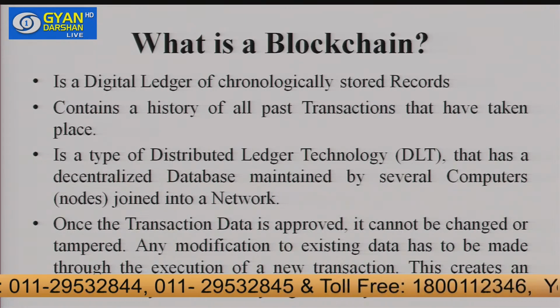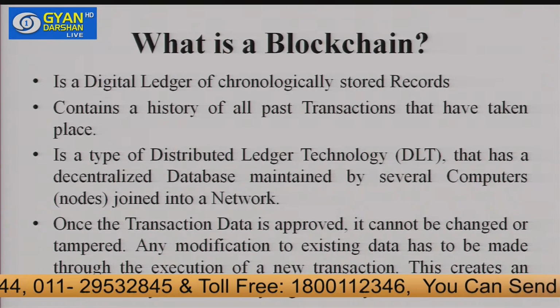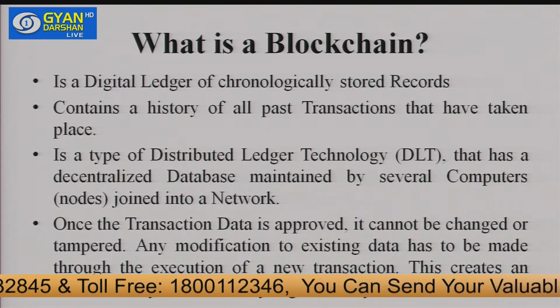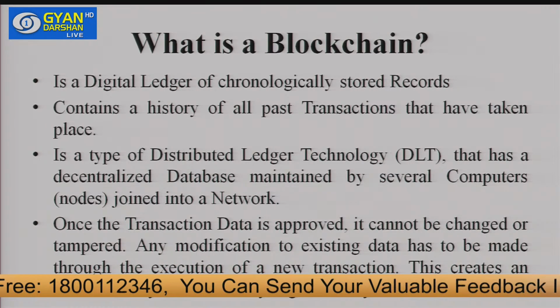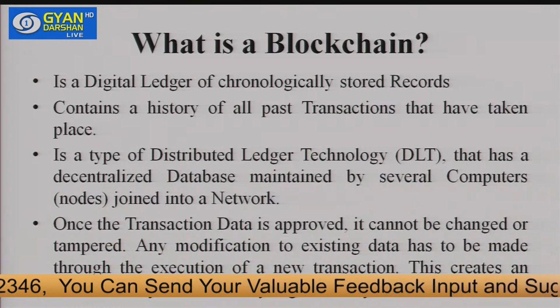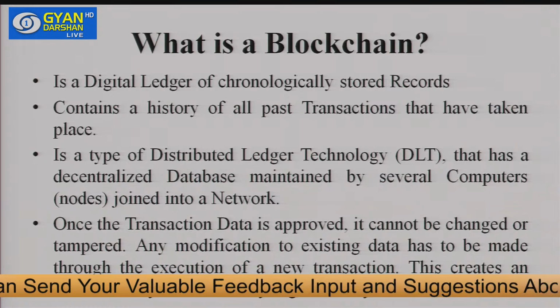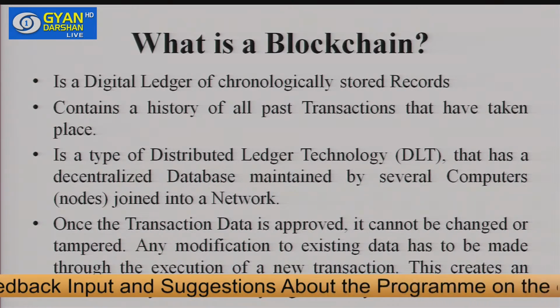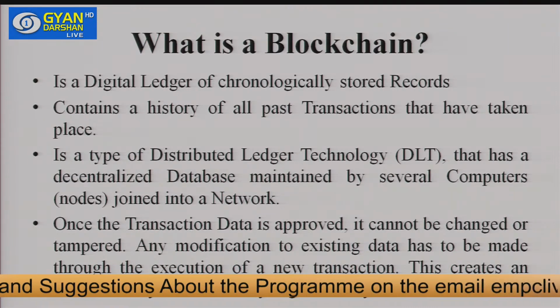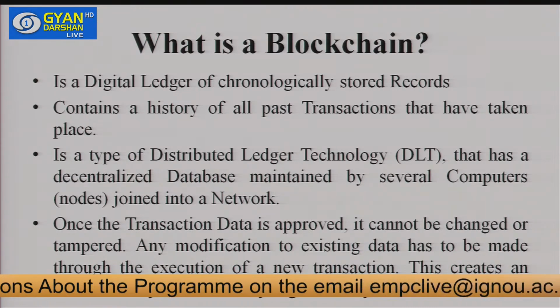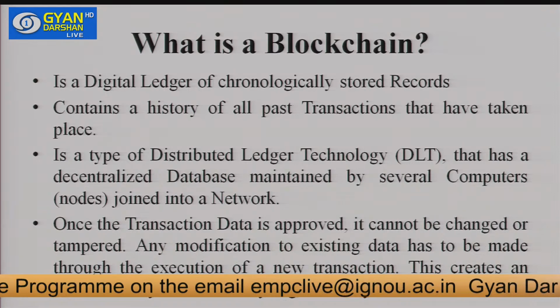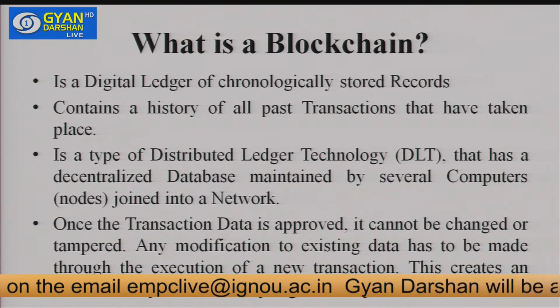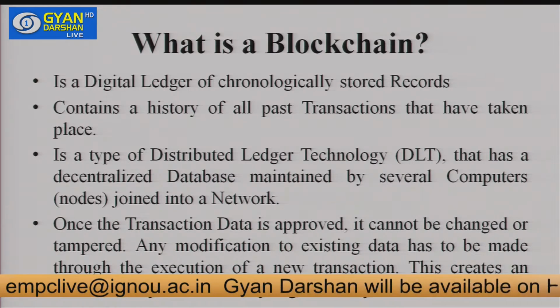Any modification to existing data has to be made through the execution of a new transaction. If in one block the link with the other block does not match, or some transaction is showing wrong, or it is tampered with or attacked by a cyber attack, then it is immediately identified, and the transaction starts again from the beginning.